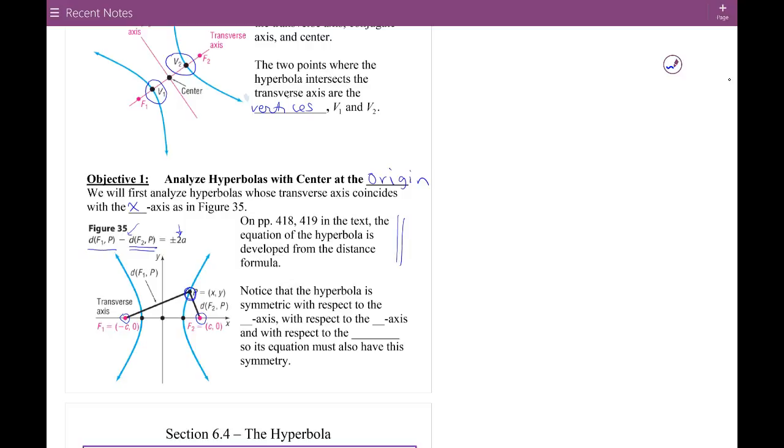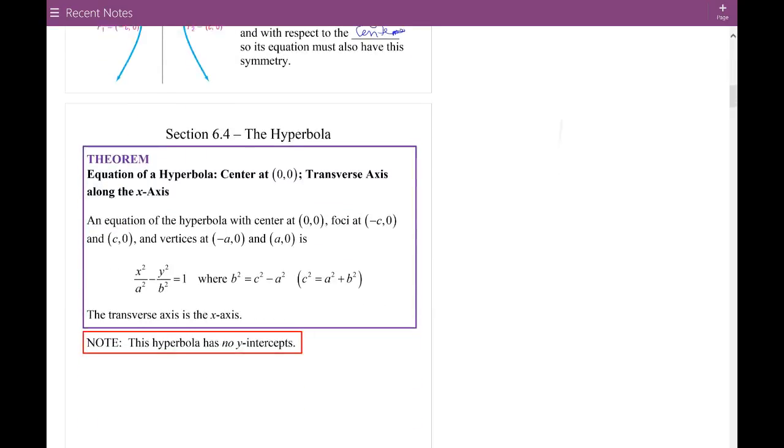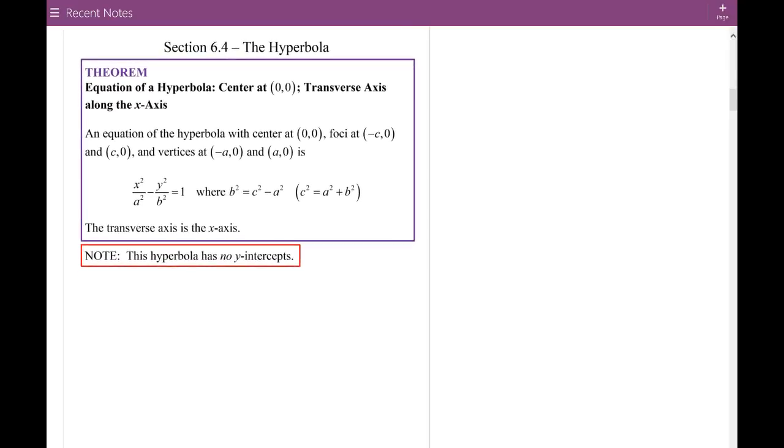Notice that this hyperbola is symmetric with respect to the x-axis, the y-axis, and the center. So its equation must also have all this kind of symmetry. Here's the equation of a hyperbola with the center at (0, 0) when the transverse axis is along the x-axis. We get x squared over a squared. This looks a lot like the ellipse. And we have y squared over b squared.